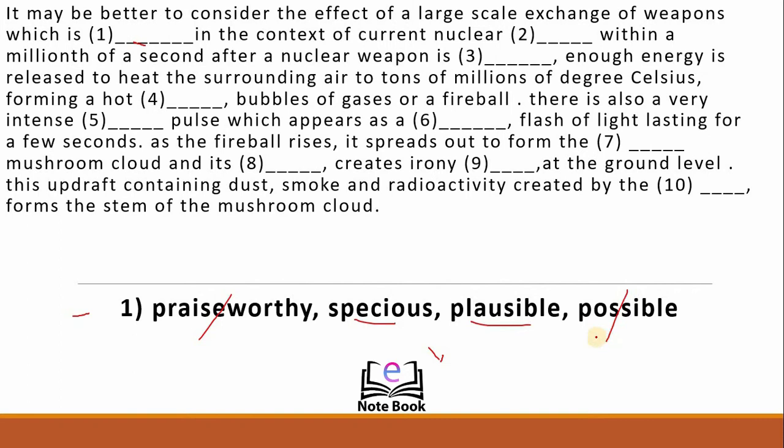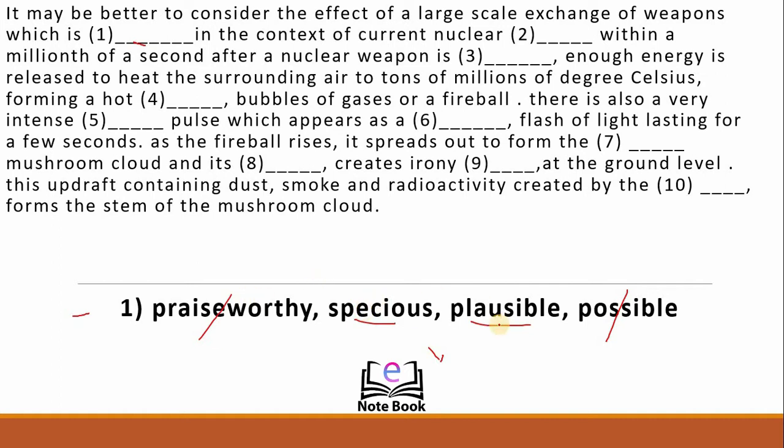And so we eliminate the option of possible. Specious and plausible both mean almost the same: any statement or thing which looks logical, looks reasonable, but is not actually so. So here I am doubtful about whether the answer is specious or plausible. That's where the concept of knowing the words in depth comes into use.